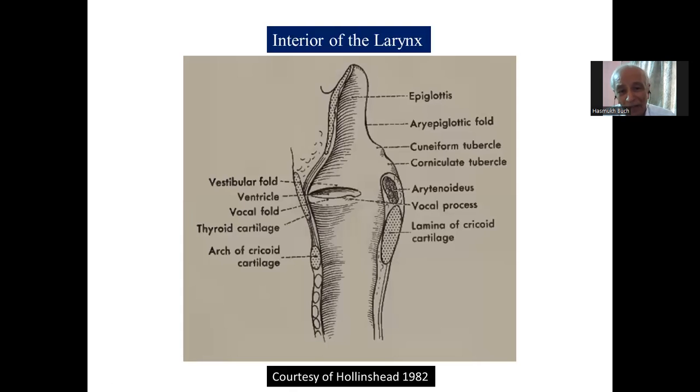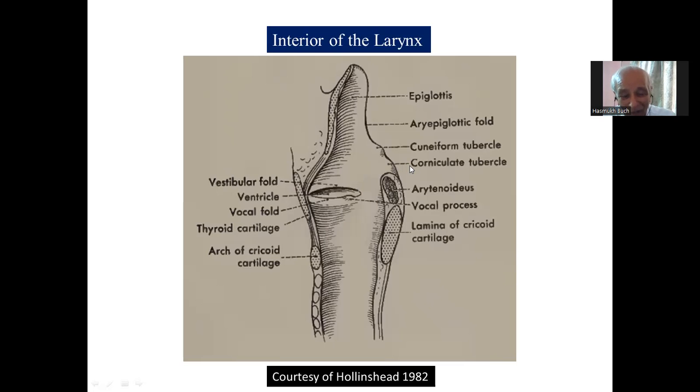This is the interior that we discussed. Let's see, it has been drawn like that. The thyroid cartilage there, cricoid there, at the front the arch, at the back the lamina. Arytenoid cartilage in this location, but the muscle is shown there. Vocal fold, vestibular fold.